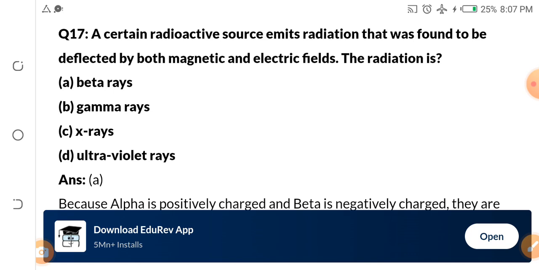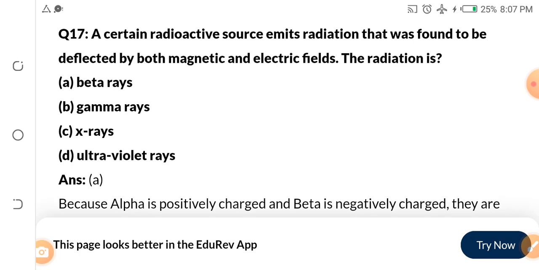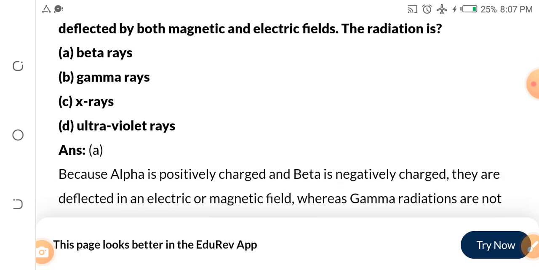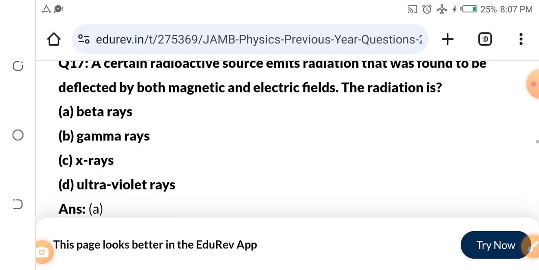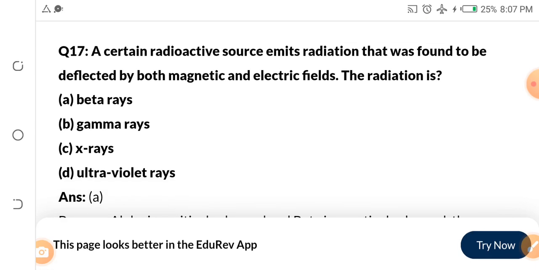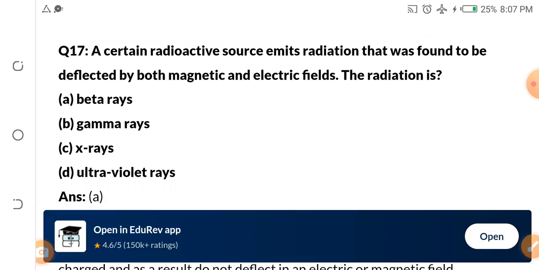A certain radioactive source emits radiation that was found to be deflected by both magnetic and electric fields. The radiation is dash.